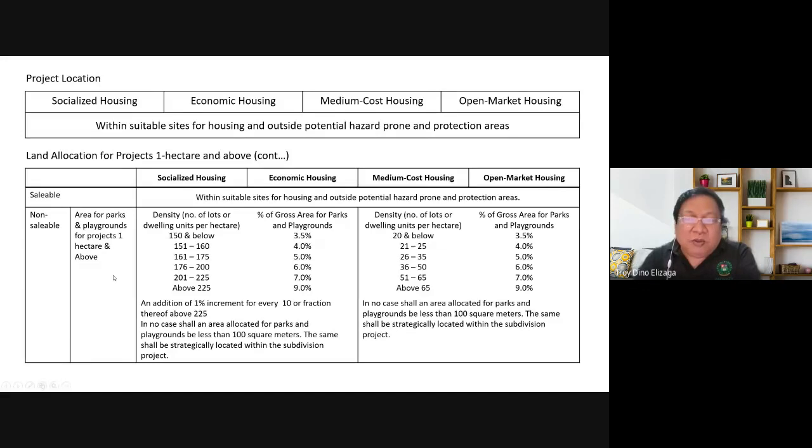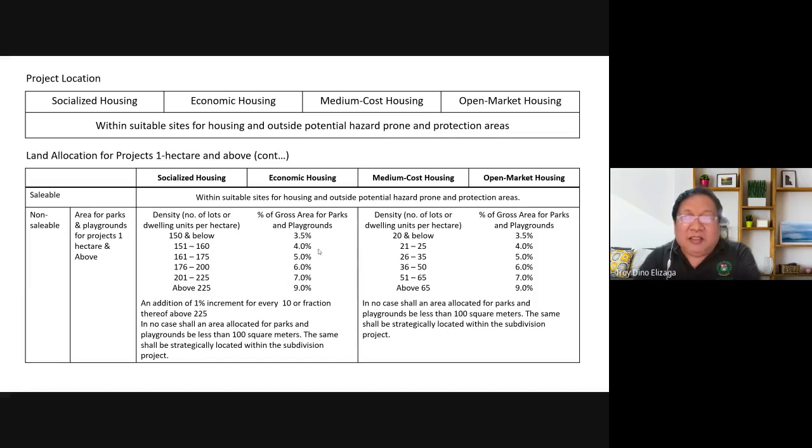You might ask, how do I know the density of my lot? You have 1 hectare, it's not really 1 hectare, it's 10,700 something. So we get the 70% of 1 hectare, so that's 7,000 square meters.